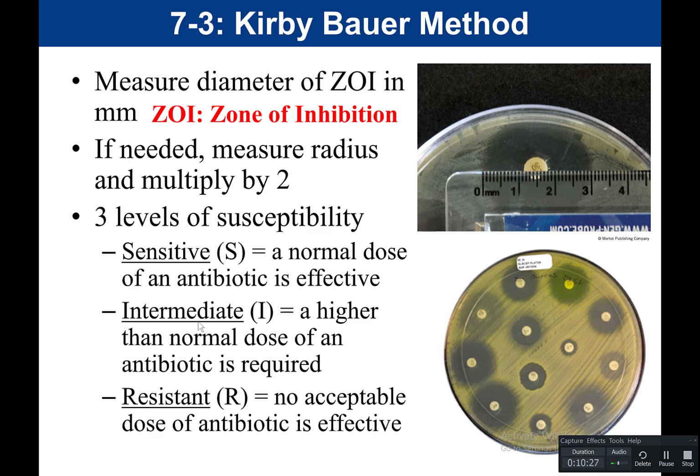If that's the case, if you have no drug that the bacteria is sensitive to, well, then you might choose an intermediate susceptibility because it's your best choice at that point. At least there's some response to the antibiotic. So an intermediate drug would be used if there is no sensitive organism or drug that could be used. So intermediate, you would have to use a higher than normal dose.